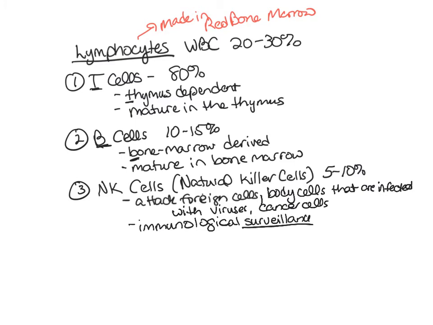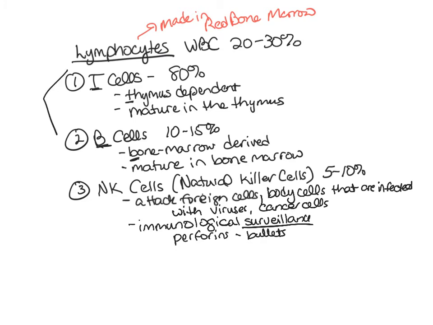Surveillance meaning they just float around looking for anything that looks abnormal. And then when it looks abnormal, they shoot little perforins out at them. Perforins are little chemicals that shoot like bullets, and it makes holes in the membranes of these other cells and makes them burst.